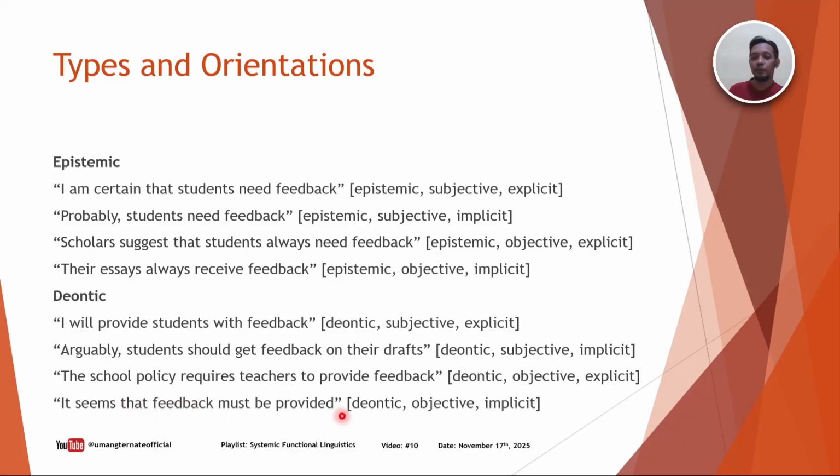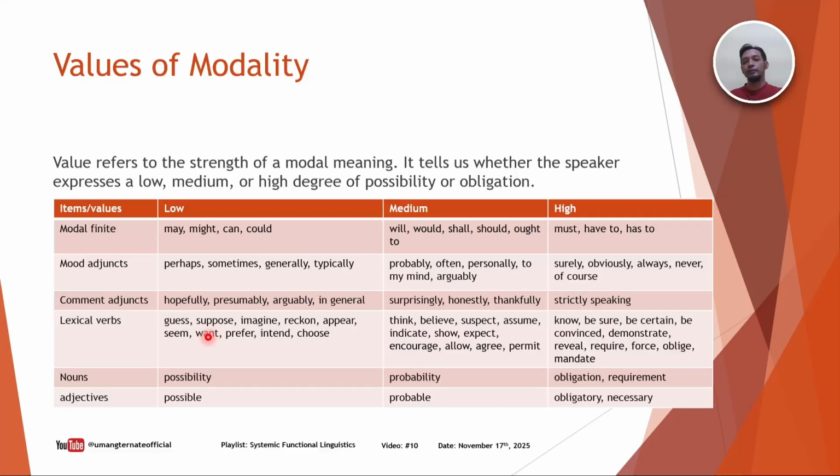And it is implicit because the source of modality is not clearly stated. These are the examples of the types and orientations of modality realized in clauses.